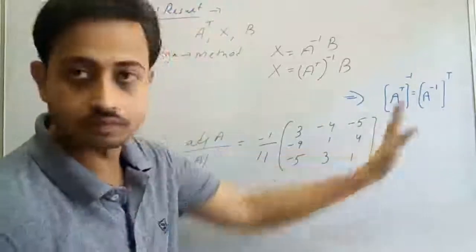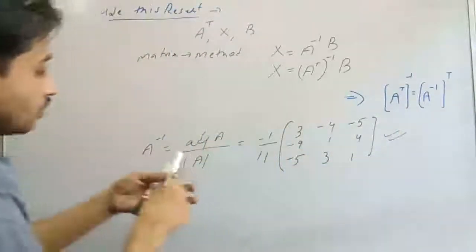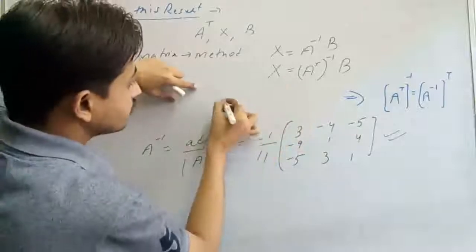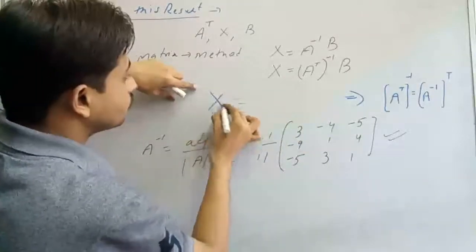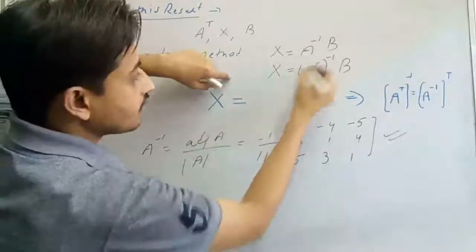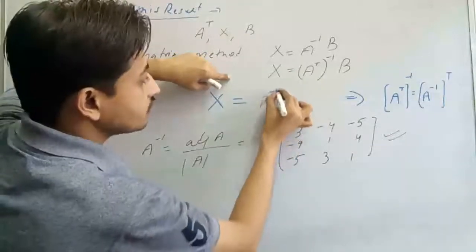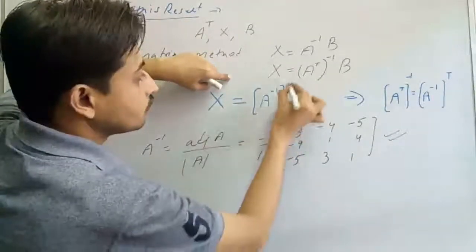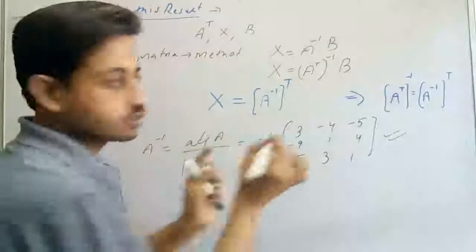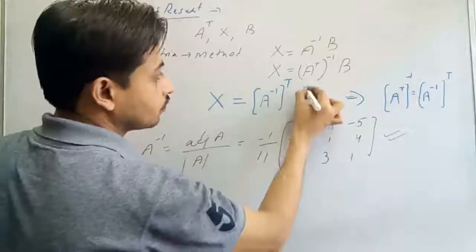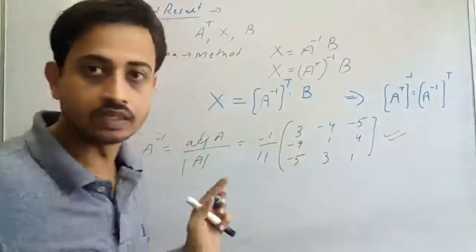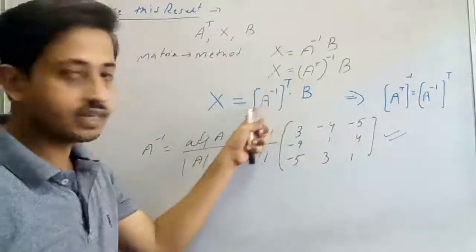So I am using this. If I solve this, what do I get? X is equal to A inverse transpose into B. What is our A inverse?